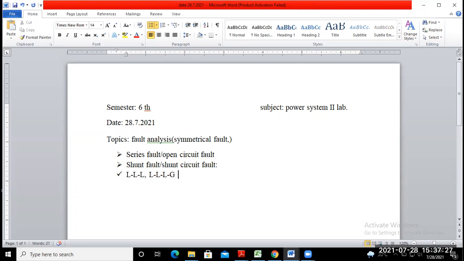So this is known as the symmetrical fault. Triple line fault or maybe triple line to ground fault is known as the symmetrical fault.